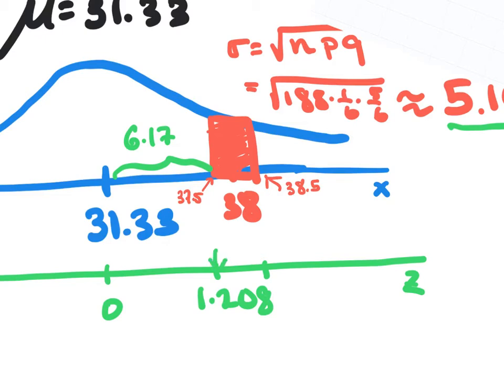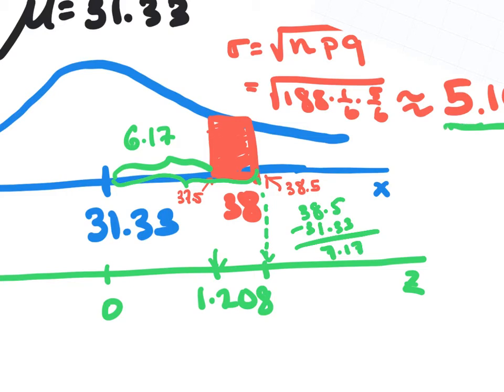So that's this z-score. Now I got to be able to translate the other one into the corresponding z-score. So I got to figure out this distance from here to there. The raw distance is the distance from 38.5 minus 31.33. That would be equal to 7.17. Now I need to convert that into standard deviations.